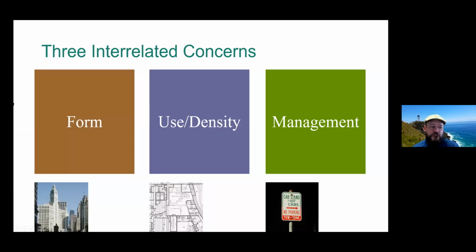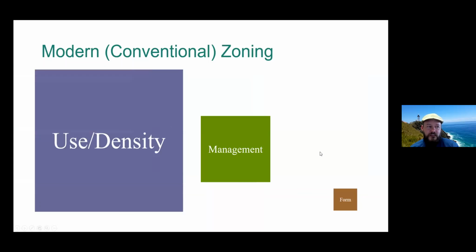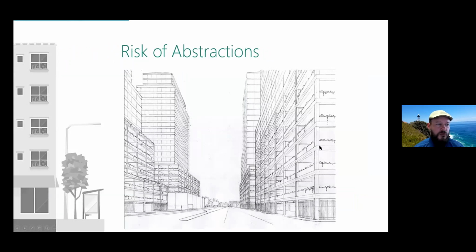So going back to those three interrelated concerns in land use planning: form, density and intensity, and management, we have modern conventional zoning, which deals with the uses primarily, and then management, and only vaguely with form. We have the risk of abstractions.